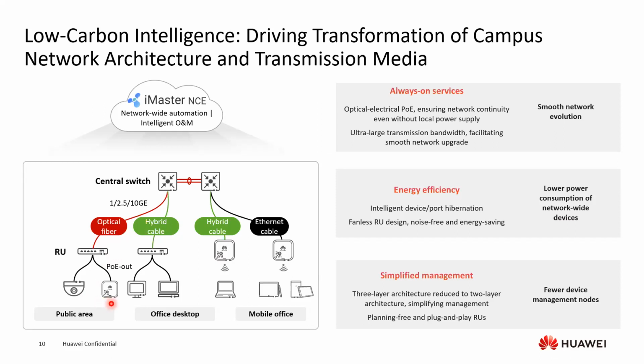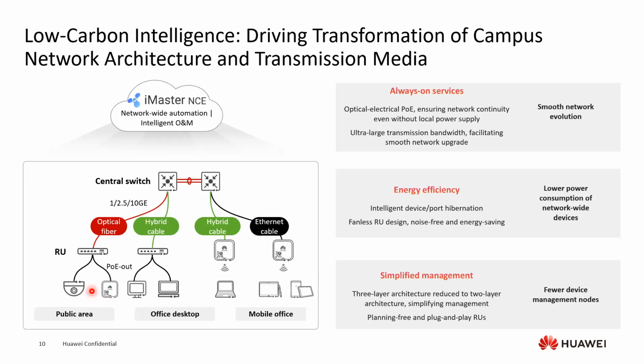These RGUs themselves have PoE out, and they don't need any particular power. All the power is drawn from the central switch. So it gives us a very good example of a low carbon network where we don't have to put separate power outlets to power on these devices.